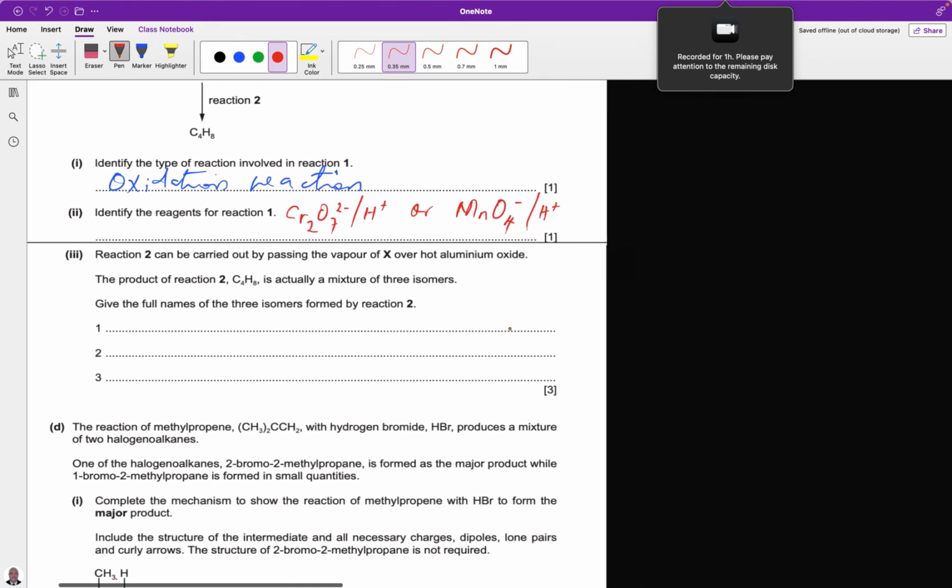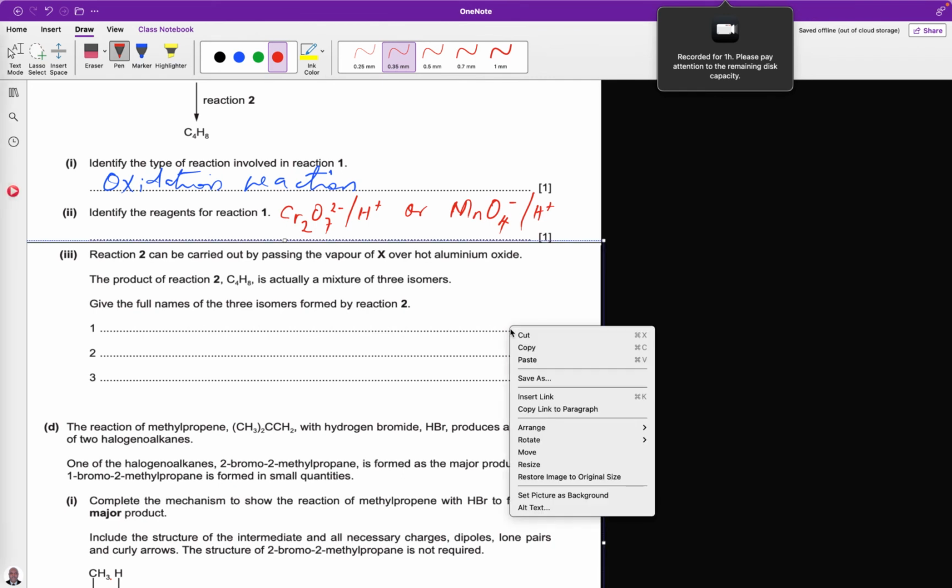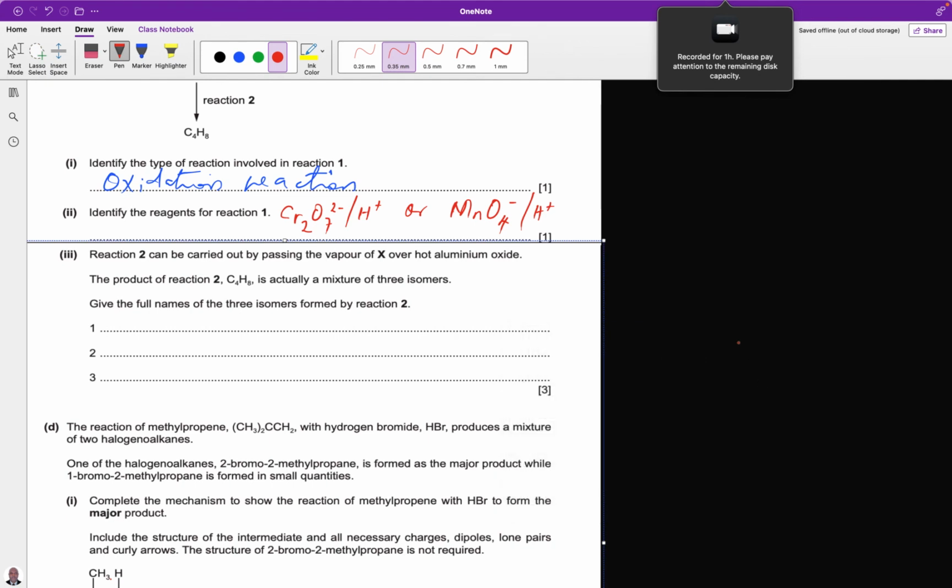You will realize that for the purpose of revision, a butene will have C4H8.